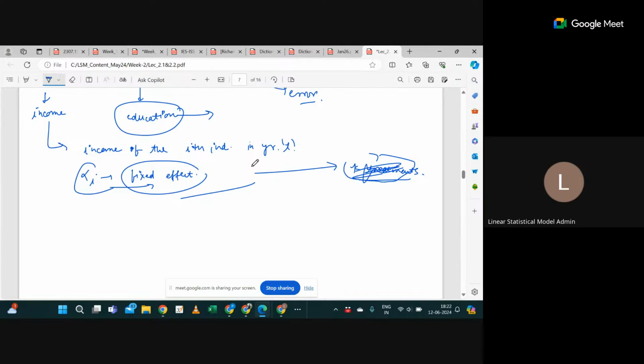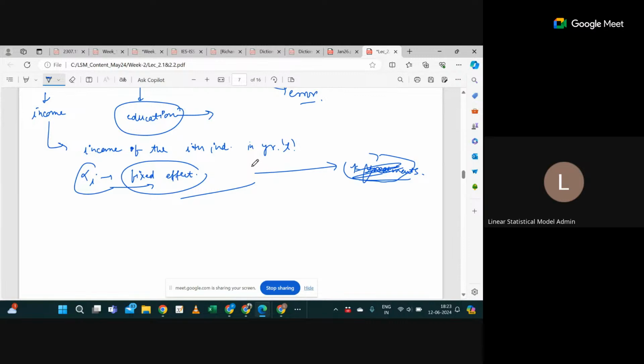Suppose you have k treatments. K treatments means, suppose you can assume k rations. Suppose you are interested to know the yield of milk on some different types of cows you have.